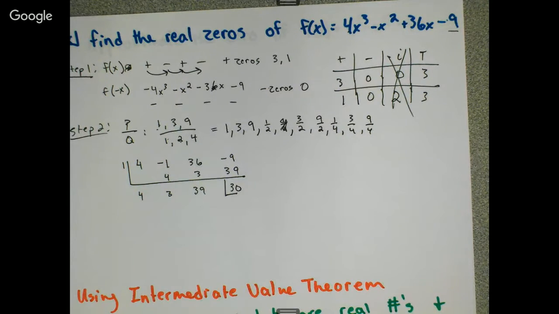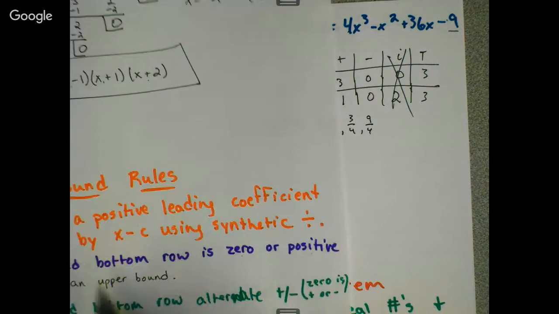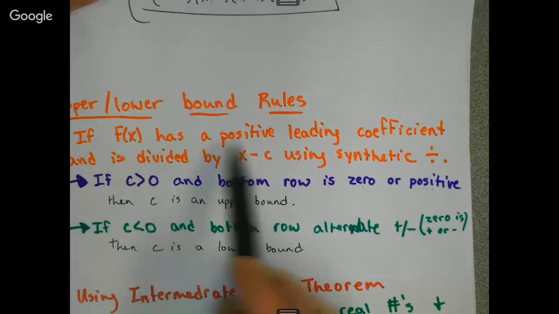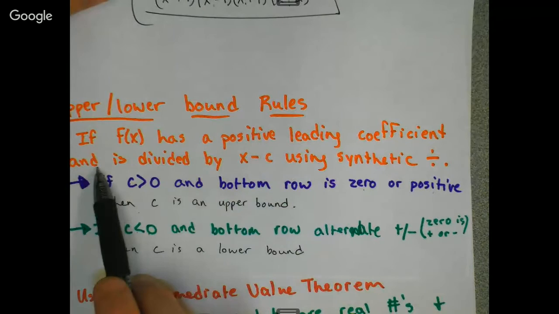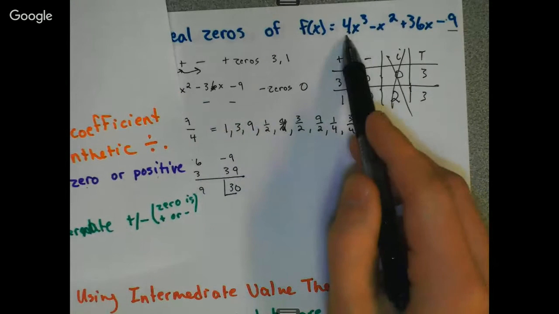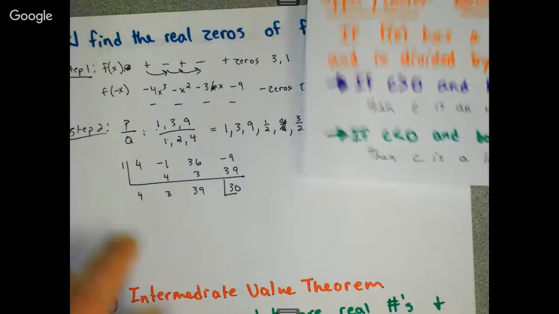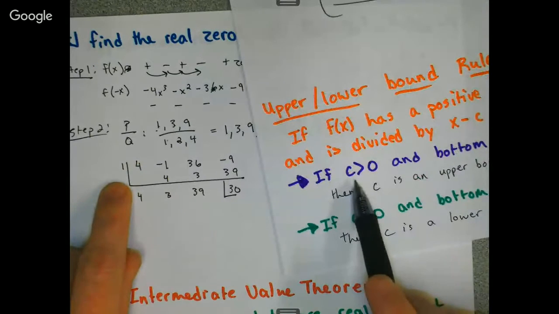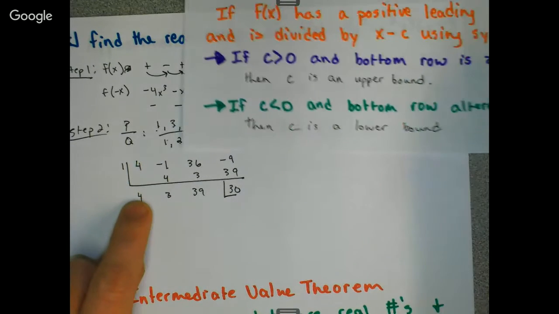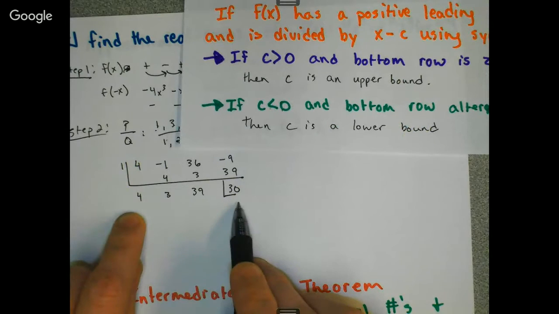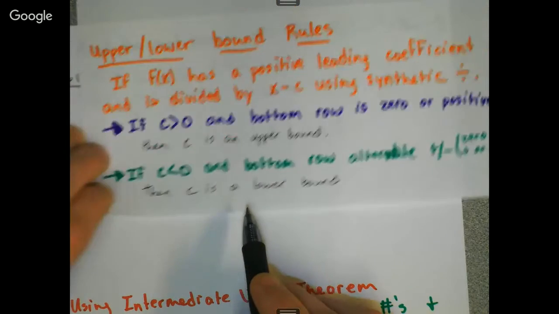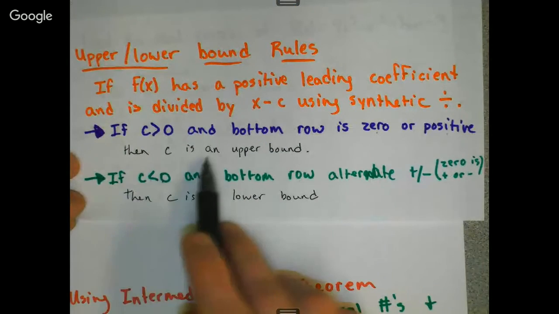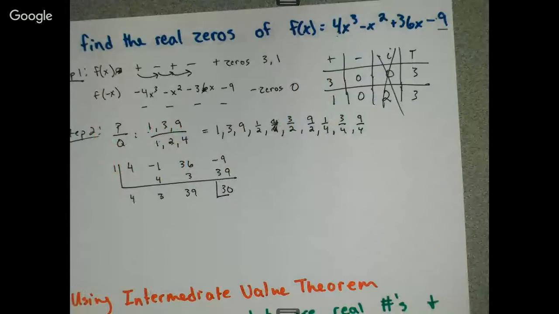Since f of x has a positive leading coefficient, and c is bigger than 0, and all of these are positive numbers, then c is an upper bound.